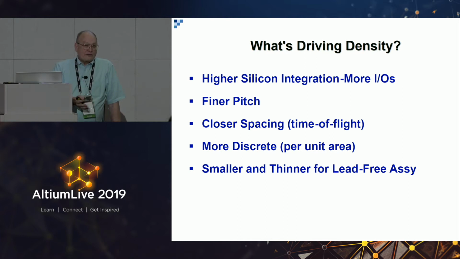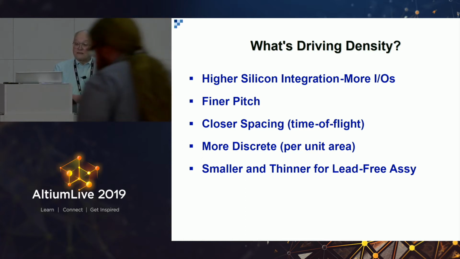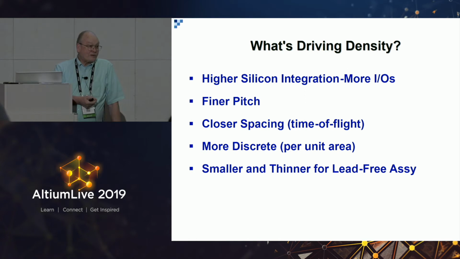The main thing that drives most people to high-density interconnect is density. And that's because with the silicon integration, we have more I/O and we have a finer pitch. I'm now working with people where the pitch of the device is 0.08 millimeters.